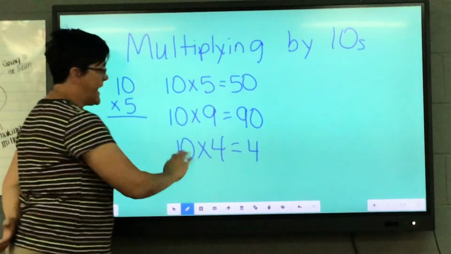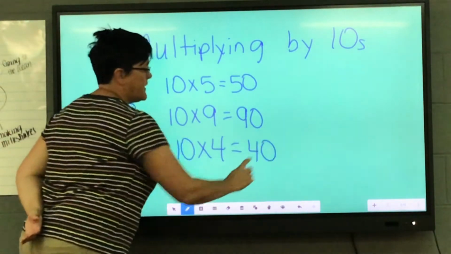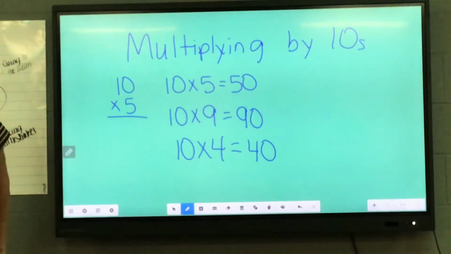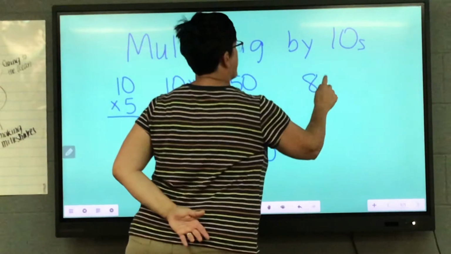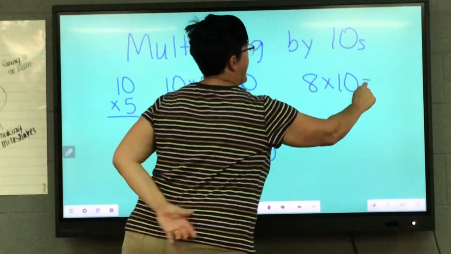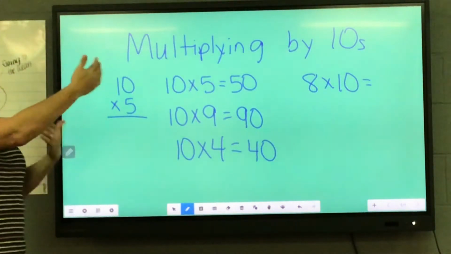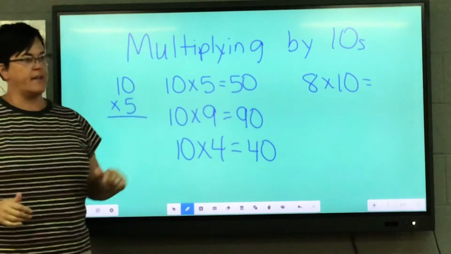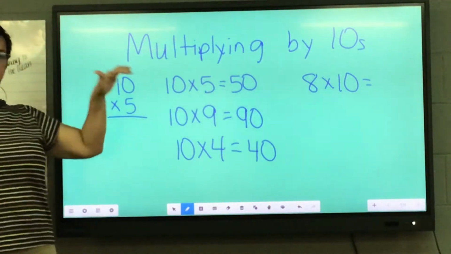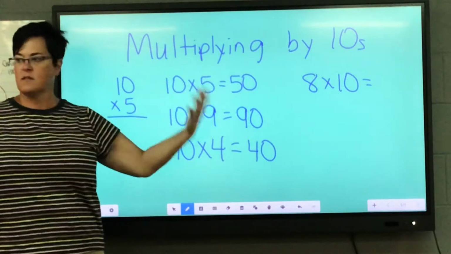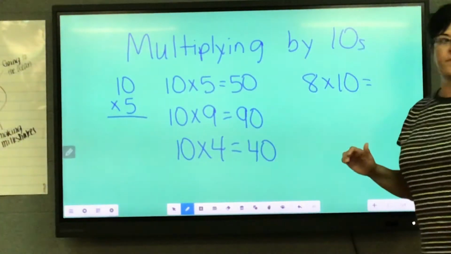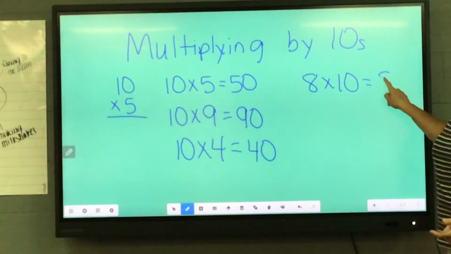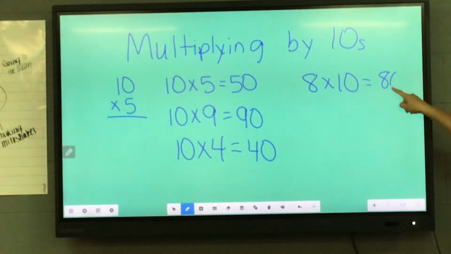So then 10 times 4 is 40. Okay, what if you see one where I have those factors flip-flopped like that? Still, think about what's 8 times 1? 8. And then we just put this 0 behind it.